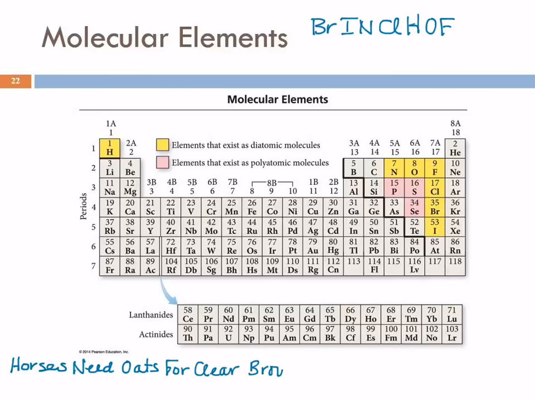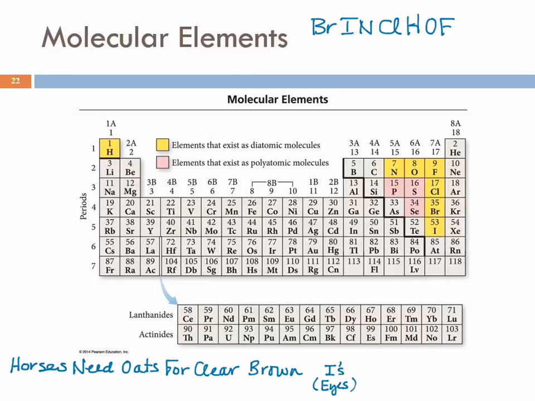And this works really well until we get to the last one. So that's eyes. So the first letter or two of each word: hydrogen, nitrogen, oxygen, fluorine, chlorine, bromine, iodine. Horses need oats for clear brown eyes.